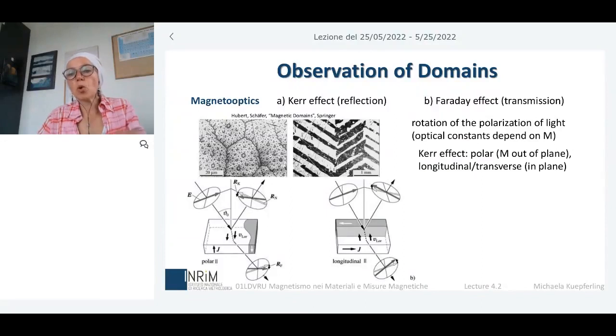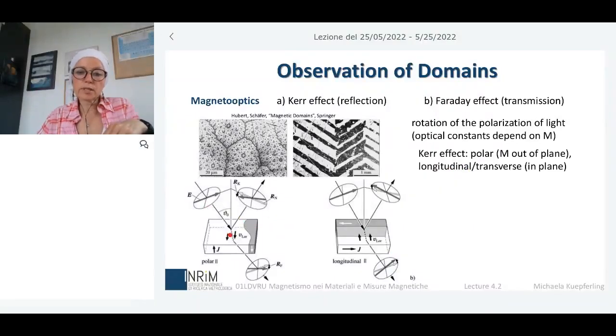So we can have a polar Kerr effect or a longitudinal or transverse Kerr effect. They are distinguished by the direction of M. So if M is pointing out of the plane of the material that you're observing, then we speak about this polar effect. If it's in the plane, then we speak about the longitudinal or transverse.